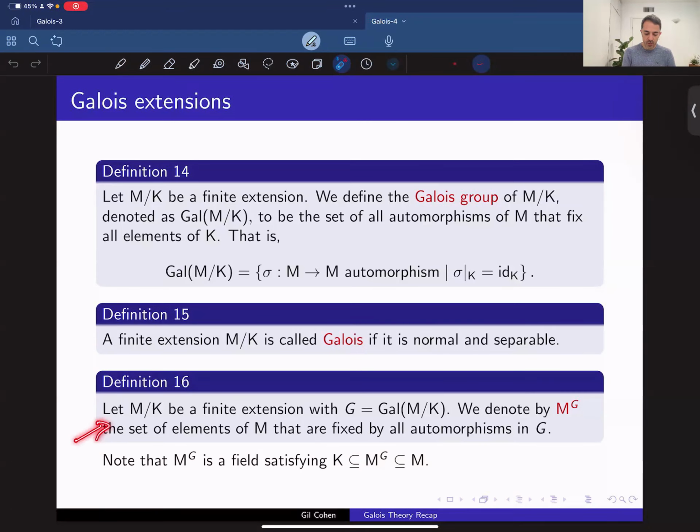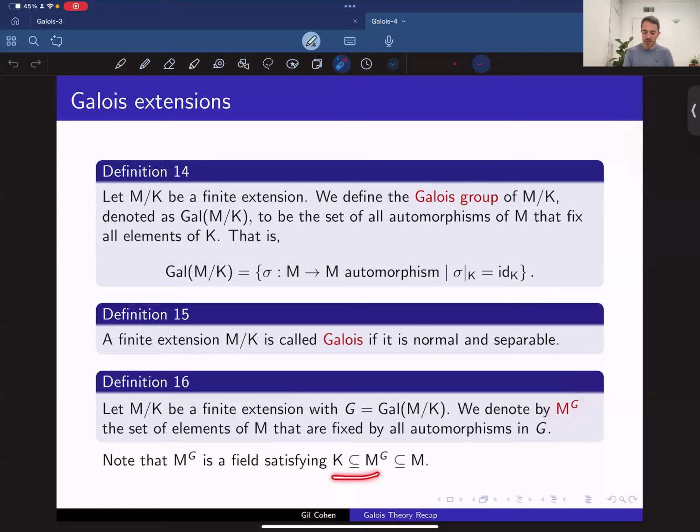Okay, so in definition 16, we are doing the following. Again, we're looking at this finite extension M over K with its Galois group, which we always denote just by G. And we denote by M^G the set of elements of M that are fixed by all automorphisms in G. We know that all automorphisms in G fix every element in K, but potentially they can fix a larger set, and we denote that set by M^G.